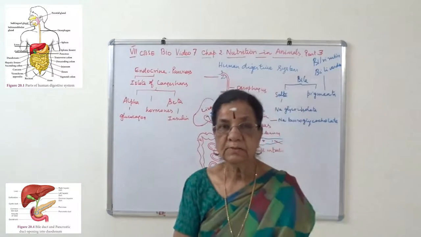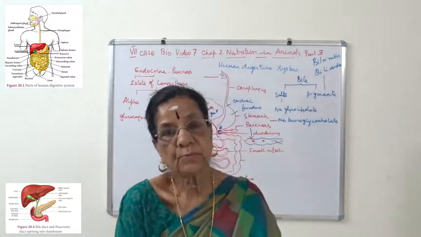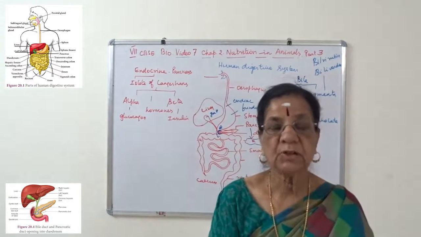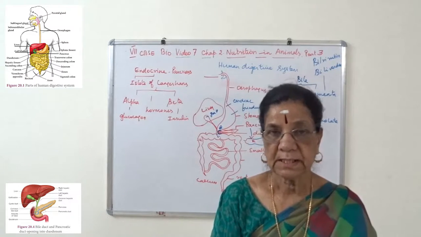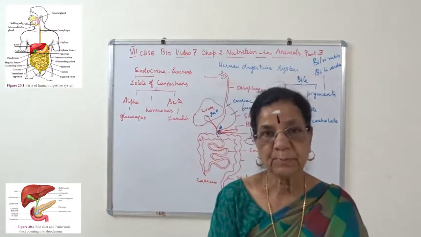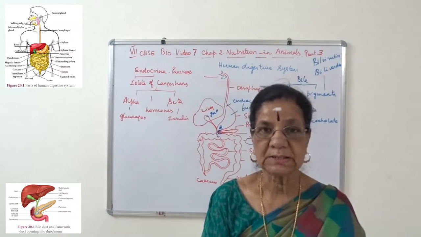The liver secretes bile juice, which is an alkaline solution, bitter to taste, containing cholesterol, bile salts, bile pigment, and bicarbonate salts.